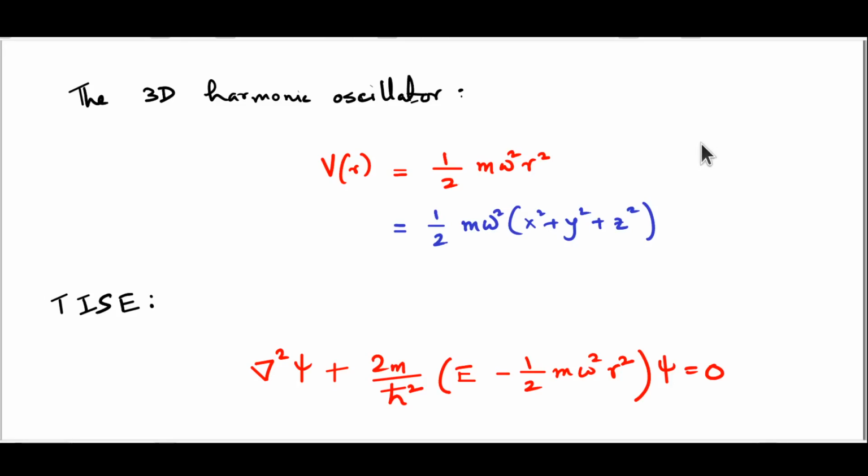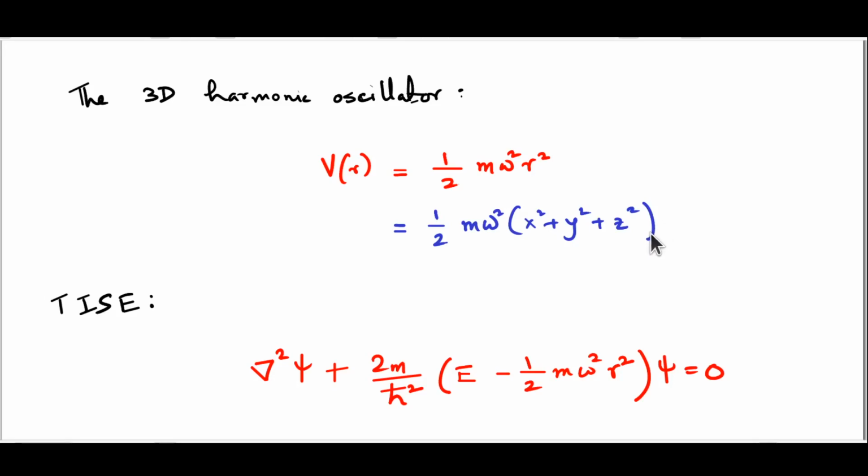Because r square is x square plus y square plus z square, an alternative form for that particular potential is the one written here. As you can see, this potential energy term here is a sum of three distinct and functionally identical forms, one for each coordinate, and that actually ensures that you can easily solve this problem in Cartesian coordinates as well.